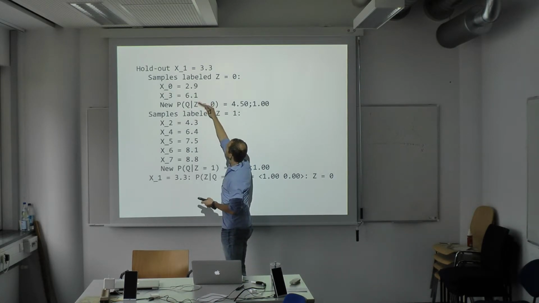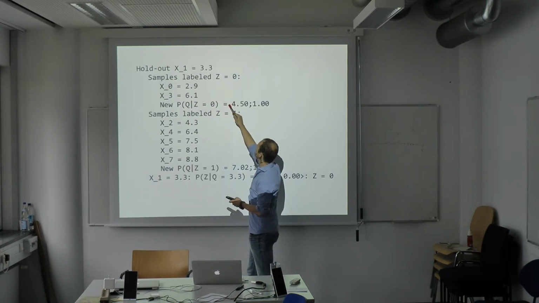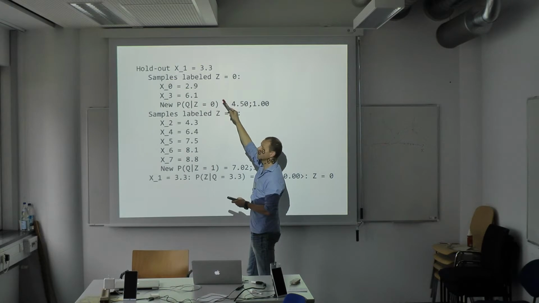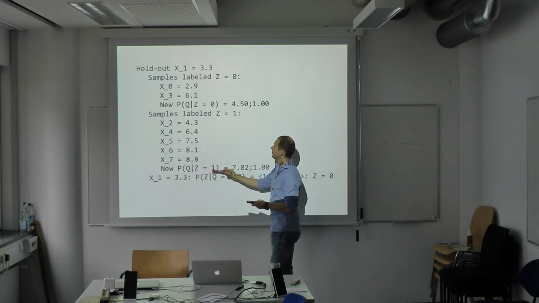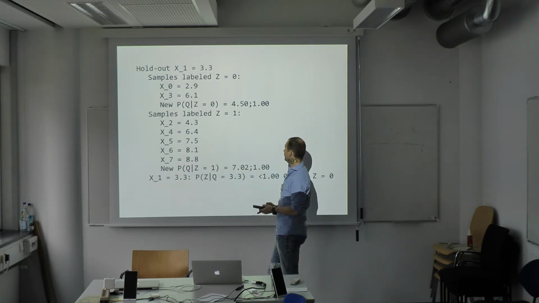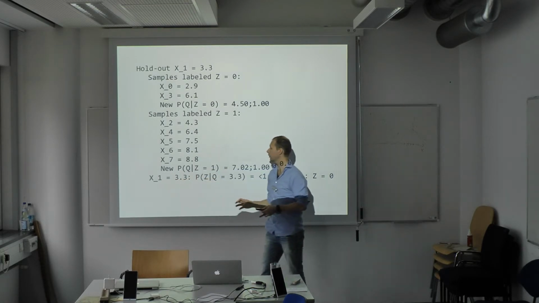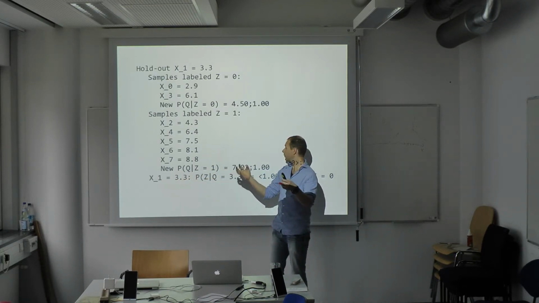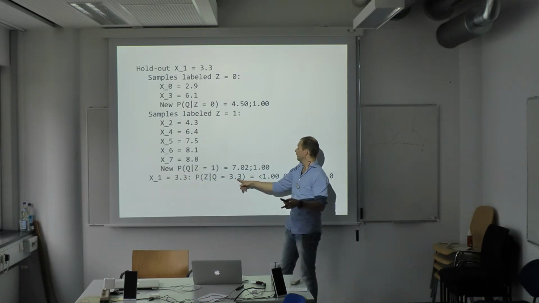So again, I do the same thing with the Gaussian distribution that corresponds to the label z equals 0. Of course, these are the same, so the result will be the same. I do the same thing with the other Gaussian. I get to a slightly different mean, which means that I now have a new basis in order to see whether I should be relabeling x1.